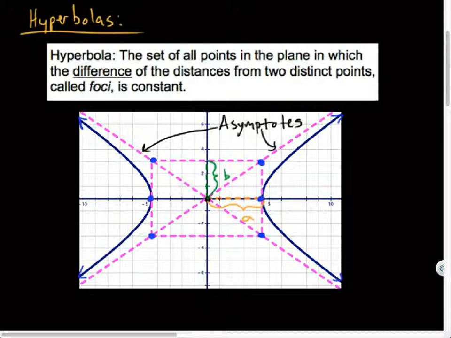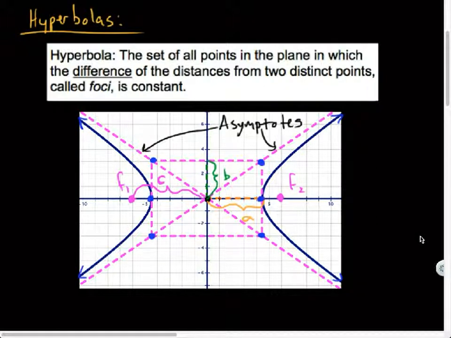Let's go with this color. So the foci in this case are actually probably somewhere over here-ish and here-ish, something like that. So this would be like foci 2 and foci 1. And their distance is C units away, all right, from the center.